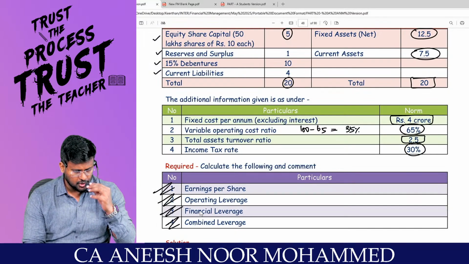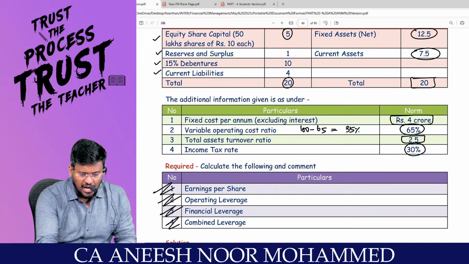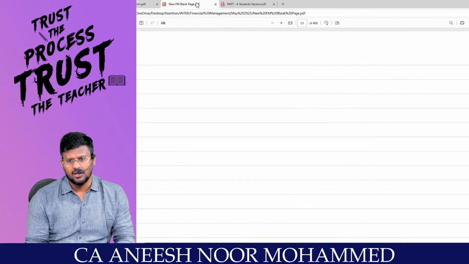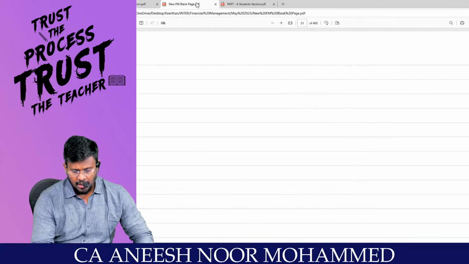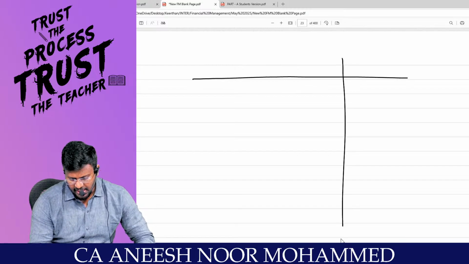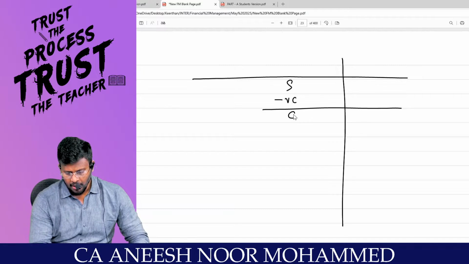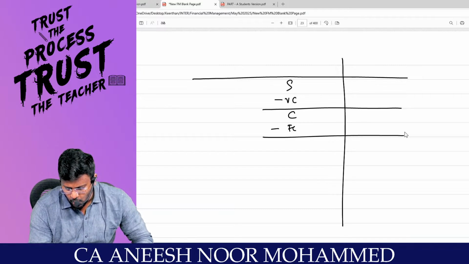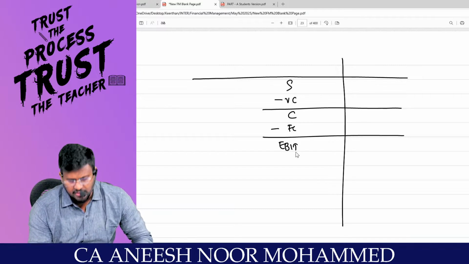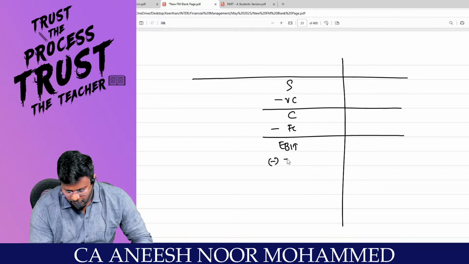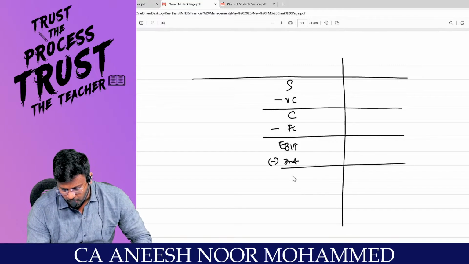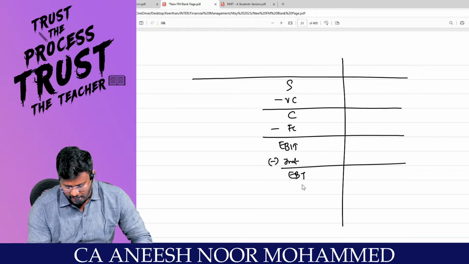My dear lovable students, in order to start with the income statement, you should have sales. As we all know, sales minus variable cost, you will get contribution. Minus fixed cost, you will get earnings before interest and tax. From that, we pay the interest, and we get the earnings before tax.